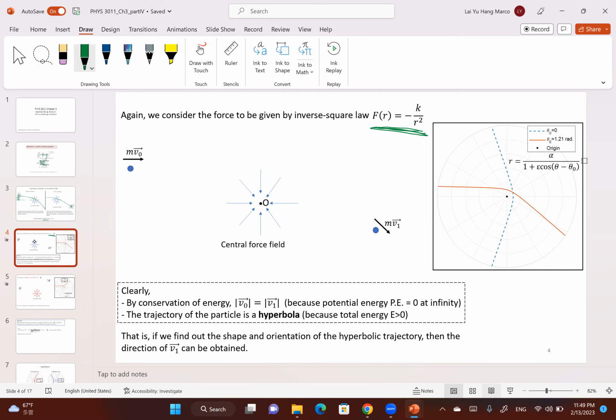Therefore, the total energy of this particle is always greater than zero, so the trajectory must be a hyperbola. Remember the last slide. So I draw the trajectory looks something like this.